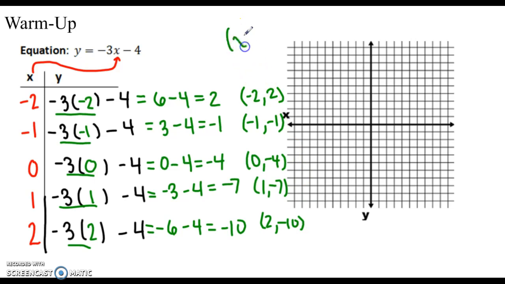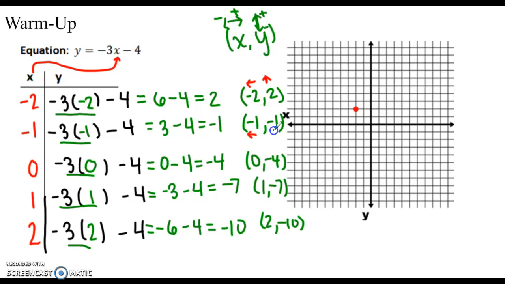So remember, we've got our x, we've got our y. Left if it's negative, right if it's positive, then up if it's positive, and down from that point if it's negative. So -2, 2: left 2, up 2. Put a point.